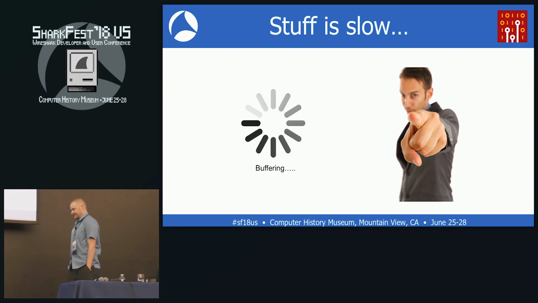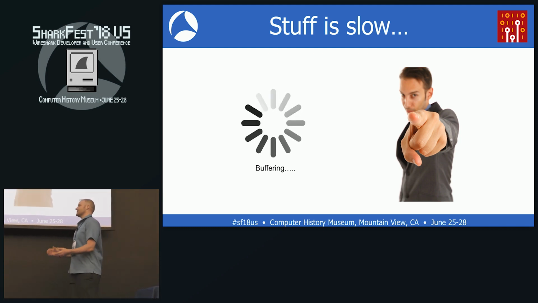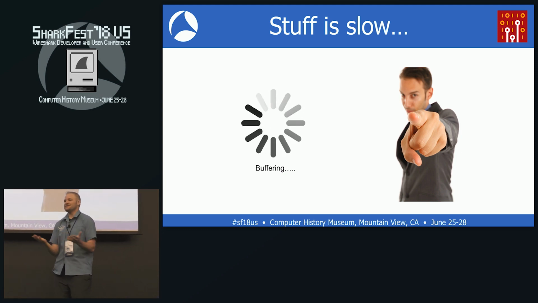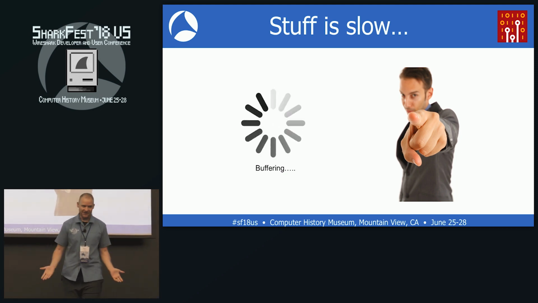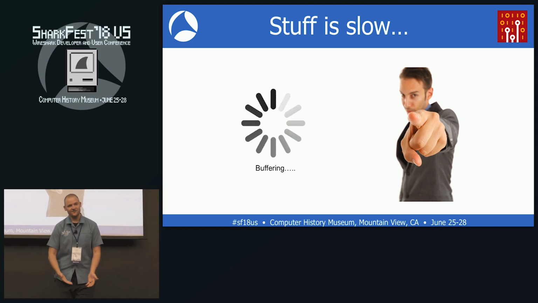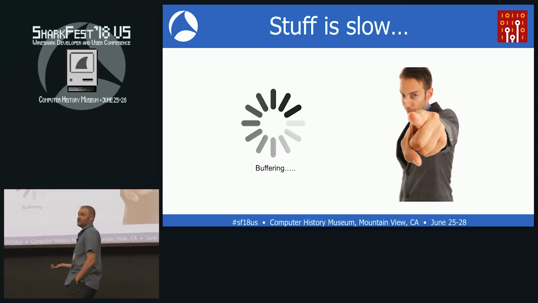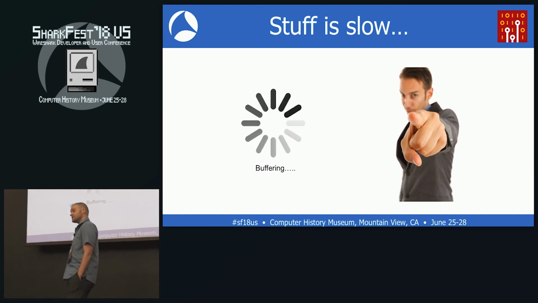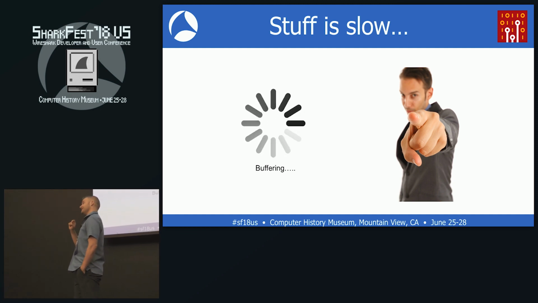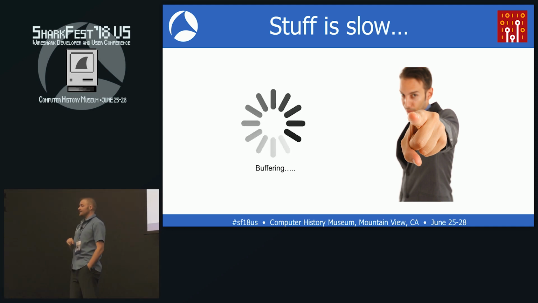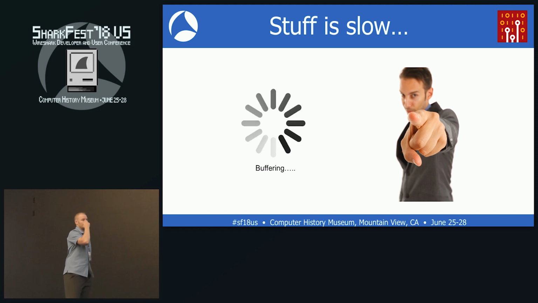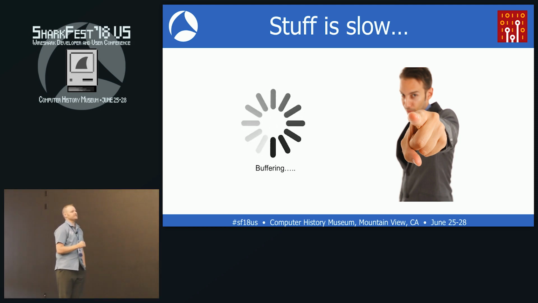Now, how it does that and interpreting what we see on the screen, that's what we're here to do today. The number one reason I get called by my clients is because stuff is slow. We all hear that. I still haven't ever gotten a call from somebody telling me things are too fast. This is probably why they point the finger at you. Could be why you're here at SharkFest. No doubt, this situation has led you to look at packets. From a network engineering perspective, a lot of times we just get the blame, don't we?